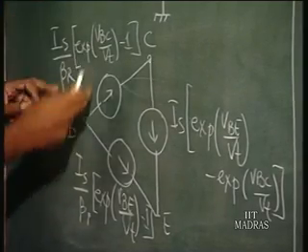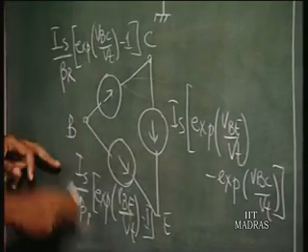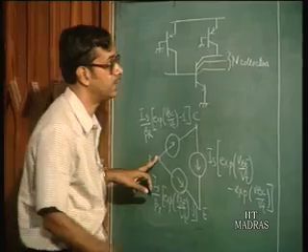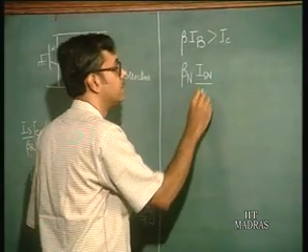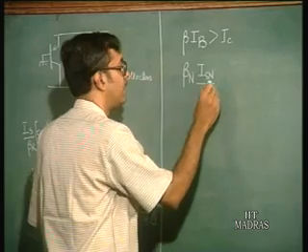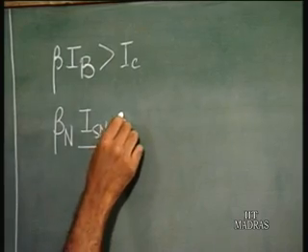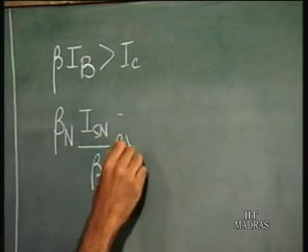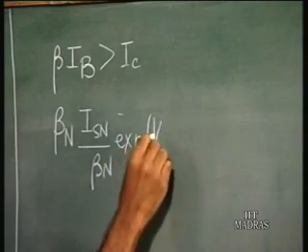So we can neglect this part, and we can just take exponential VBE by VT.